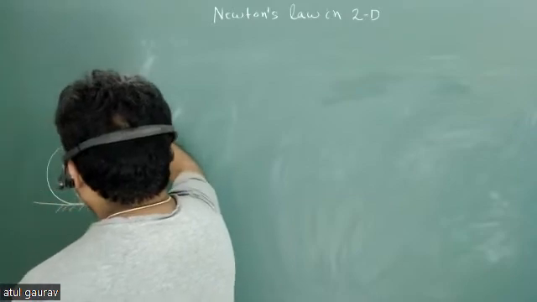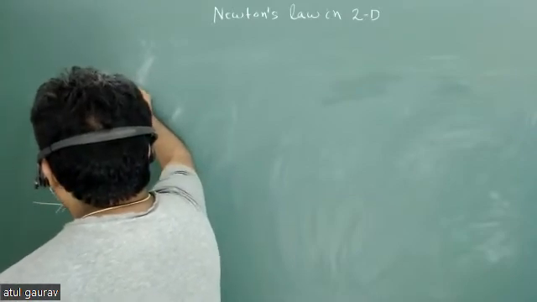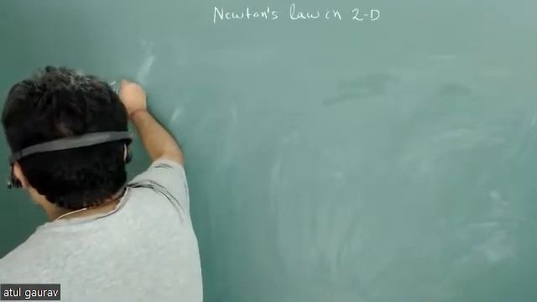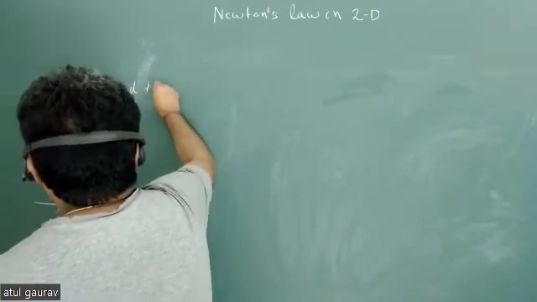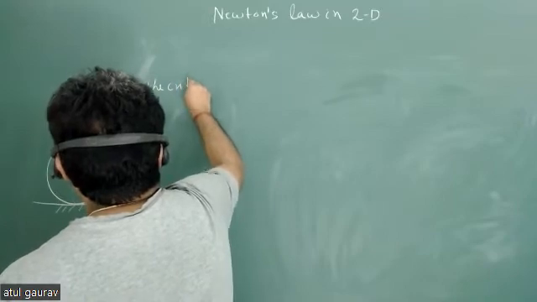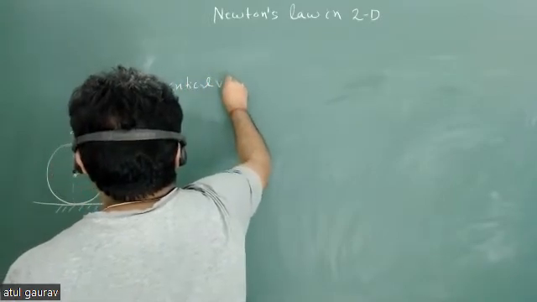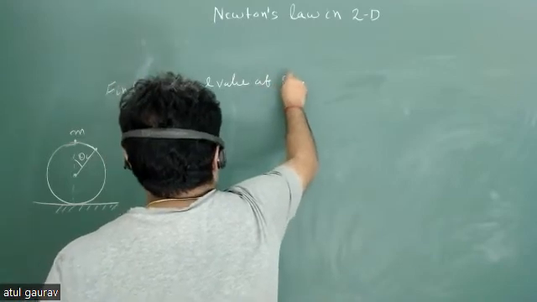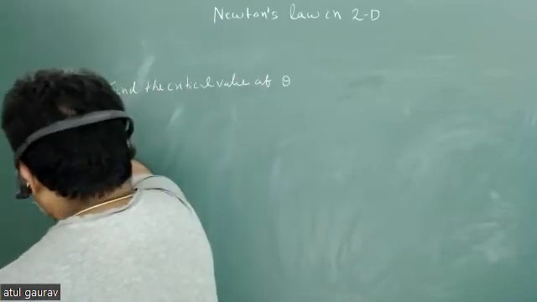So for this mass m, you have to find the critical value of theta, or angle from the vertical.